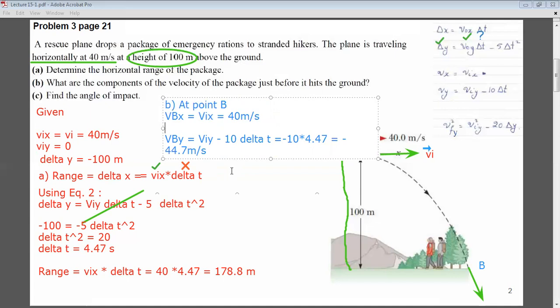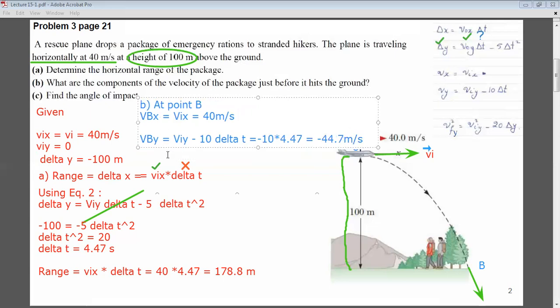Part C, find the angle of impact. These are the components, VBX and VBY. Now it's asking me for the angle of impact. Here I have to remember that theta is equal to tan inverse, or shift tan on your calculator, of VBY over VX.